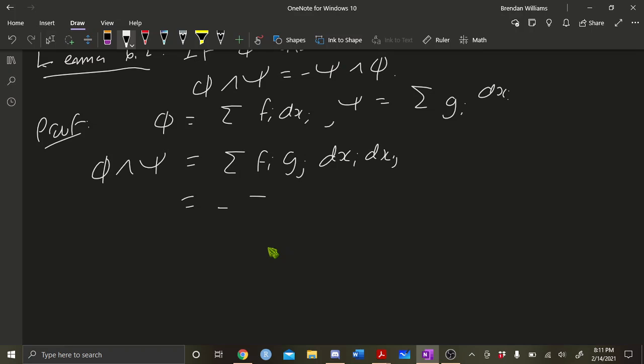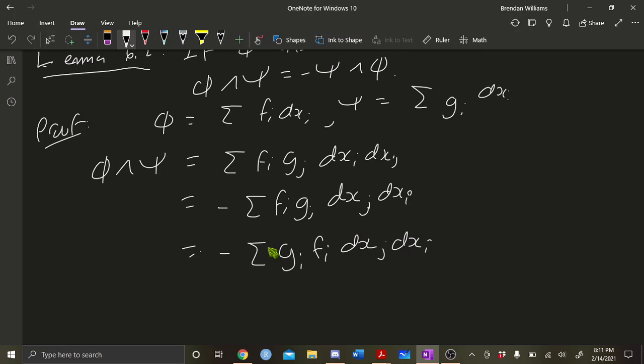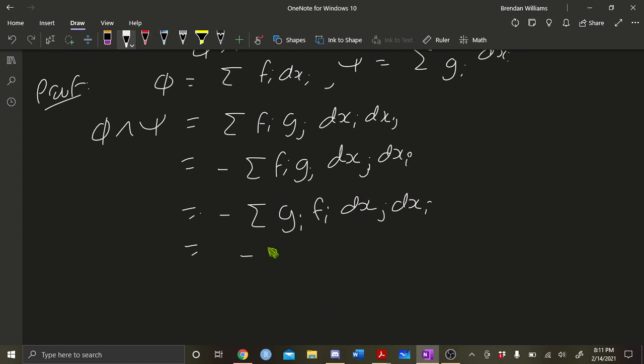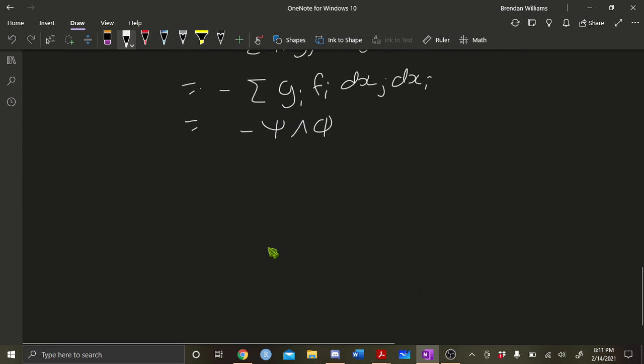So we get negative sum f sub i g sub j dx sub j dx sub i, which is negative sum g sub j f sub i dx sub j dx sub i. I probably could have done that in one step, but it's fine. This is equal to negative psi wedge phi. Okay, so that concludes the proof.